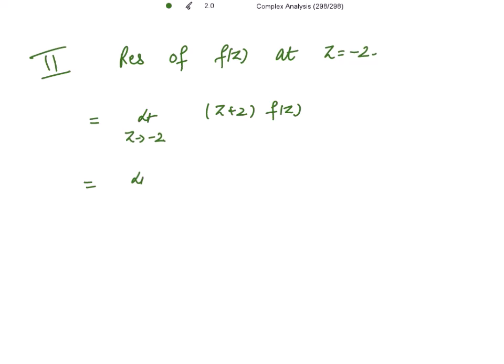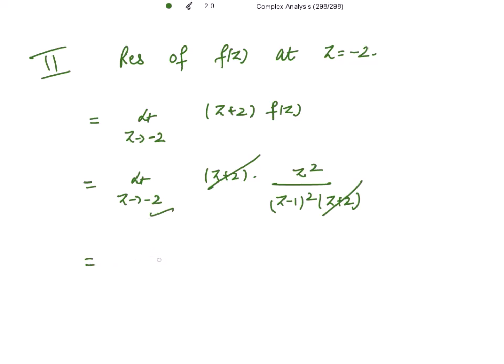That is equal to limit z tends to negative 2, (z plus 2) into f(z), which is z squared divided by (z minus 1) whole squared into (z plus 2). So these two cancel out, and just replacing z with negative 2, we get (minus 2) whole squared divided by (minus 2 minus 1), that is (minus 3) whole squared. That is equal to 4 divided by 9. So this is the residue of f(z) at the simple pole.